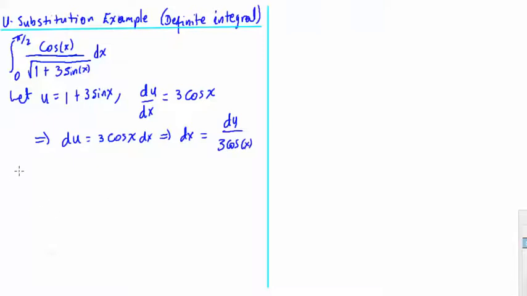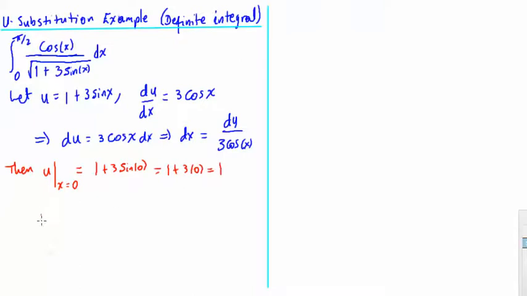Alright, and now what I normally do here, before I continue doing the integral like we did with the indefinite integral, is calculate the value of u at the two limit points of the integral. So let's calculate u evaluated at x equals 0: it is 1 plus 3 times sine of 0, but sine of 0 is 0, so it's 1 plus 0, which gives me 1.